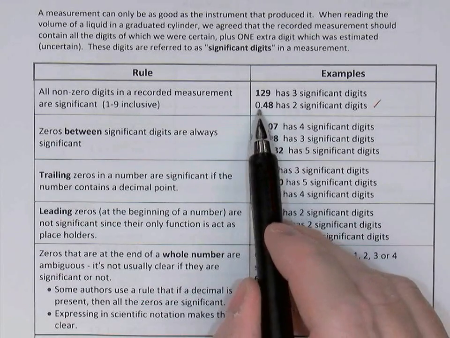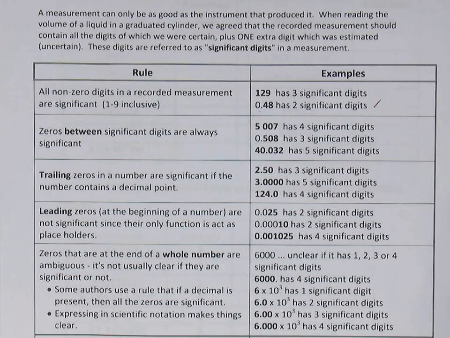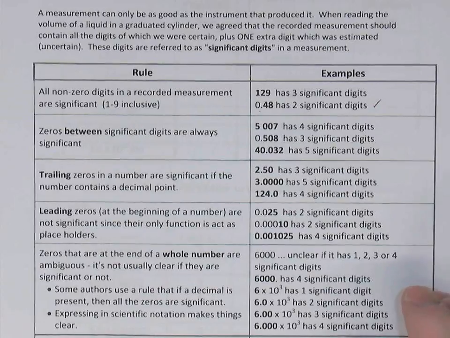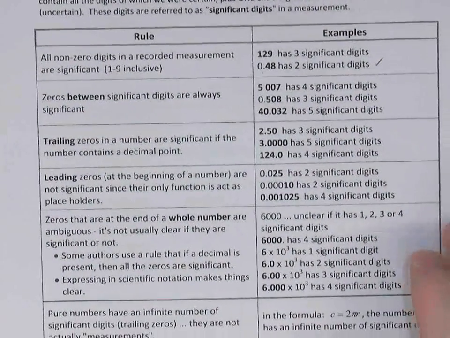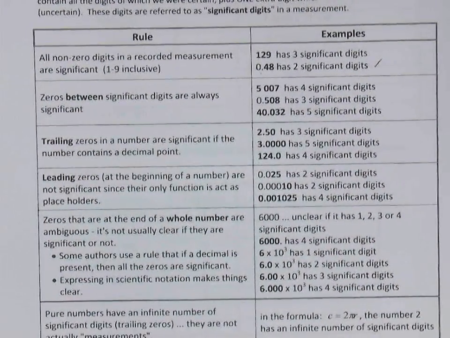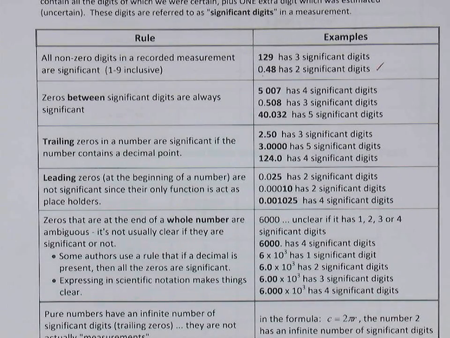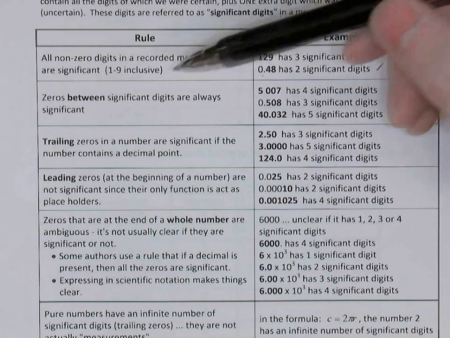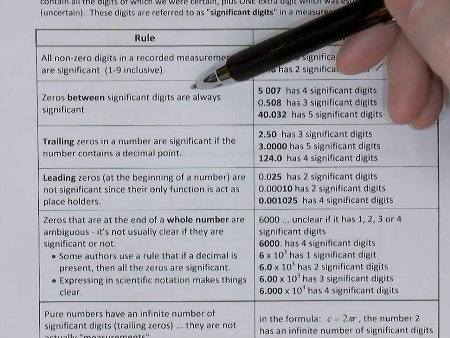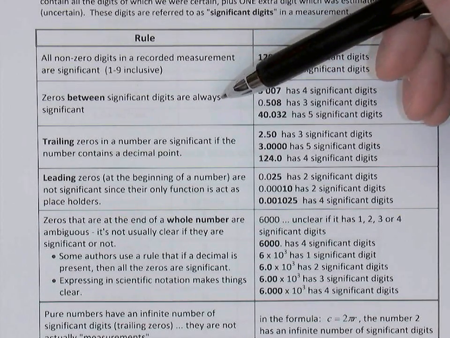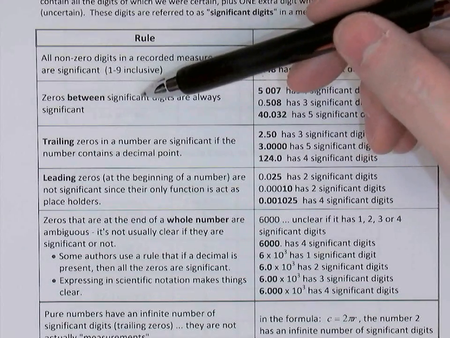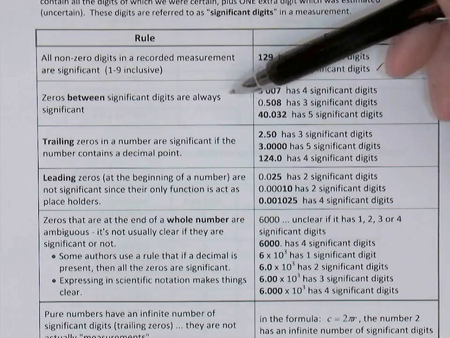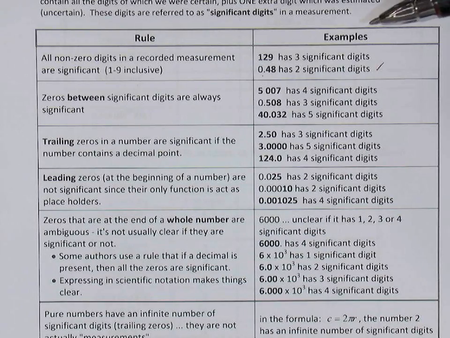Right now you're probably wondering why the 0 did not count as a significant digit. Well, zeros are the confusing things when it comes to significant digits, because sometimes they count as significant digits and sometimes they don't. If you find a zero in between non-zero digits, so zeros that are between significant digits, they'll always count as being significant.